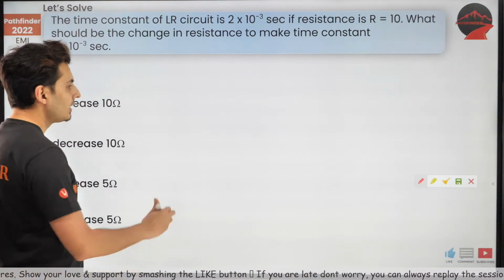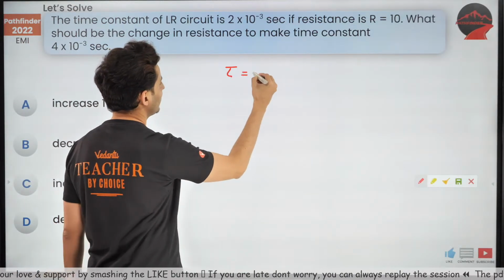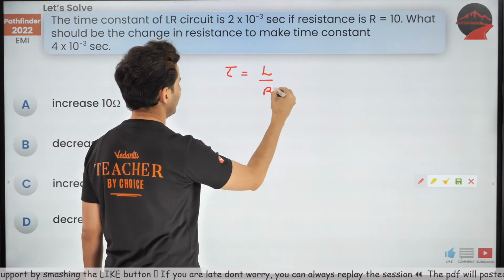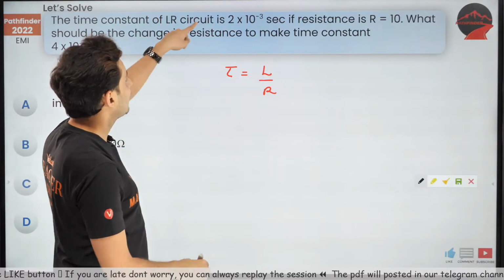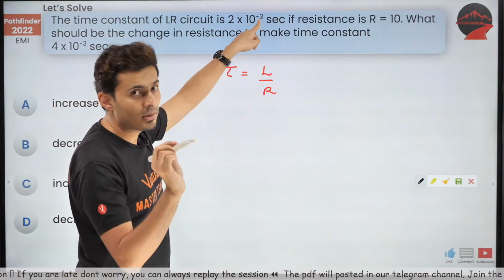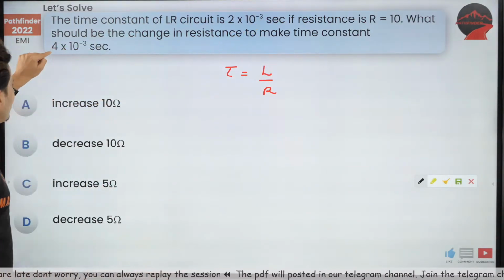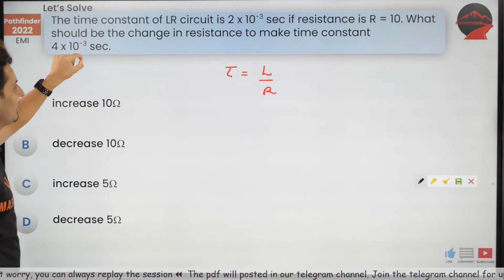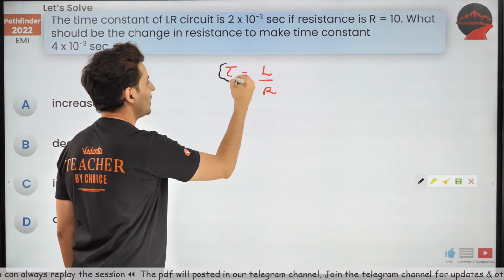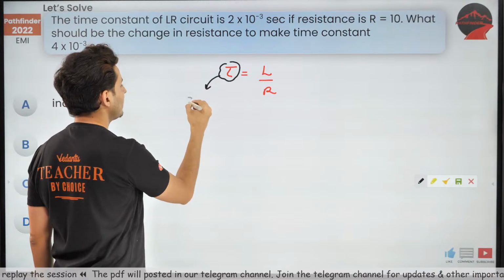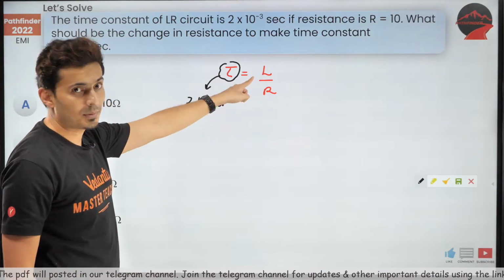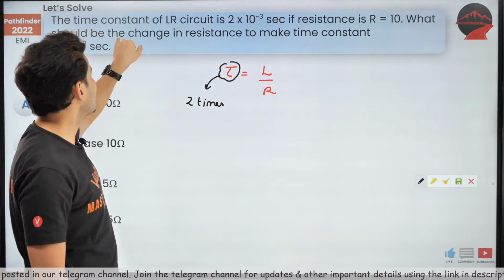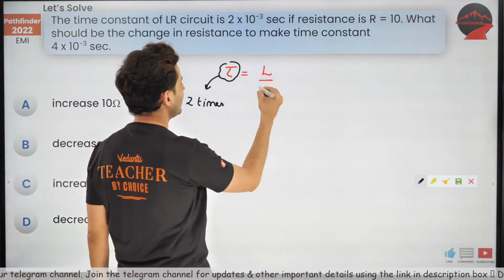I'll help you out. Now, just some time back I told you time constant is L by R, correct? Now think this way. If earlier the time constant was 2 into 10 to the power minus 3 and now it is 4 into 10 to the power minus 3, this time constant has increased 2 times. Now inductance is not allowed to change, only the resistance is allowed to change.